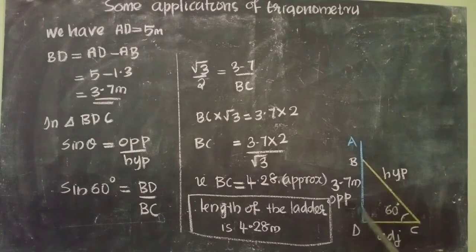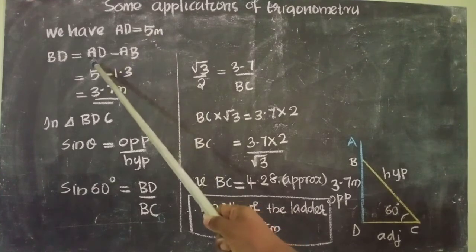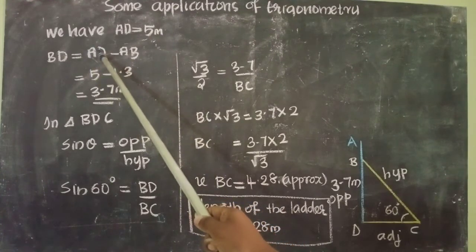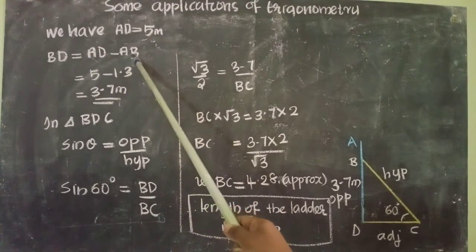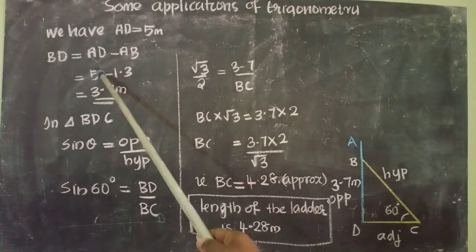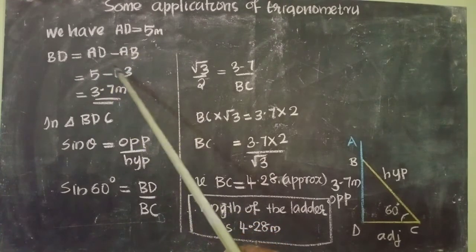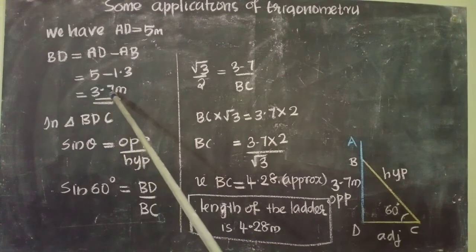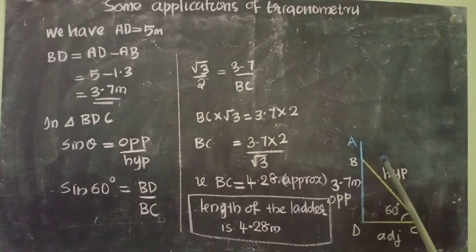So, we need only this BD. This AD is 5 meter, AB is 1.3 meter. So, we can find out BD. BD equal to AD minus AB. That is equal to 5 minus 1.3 equal to 3.7 meter. So, this length of BD is 3.7 meter.